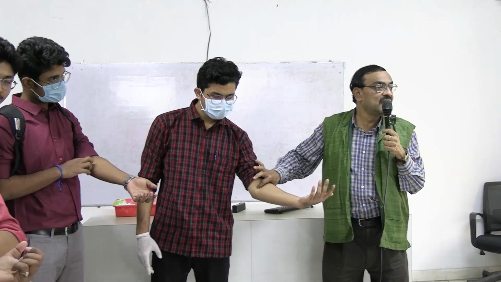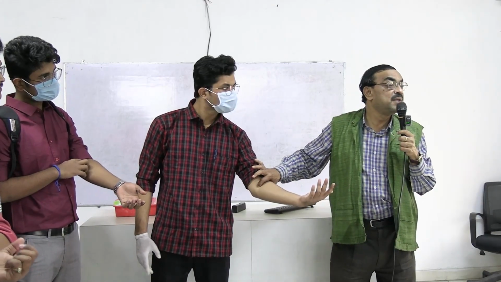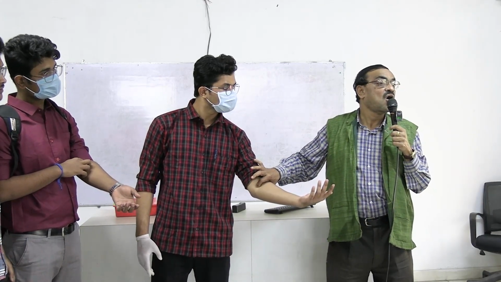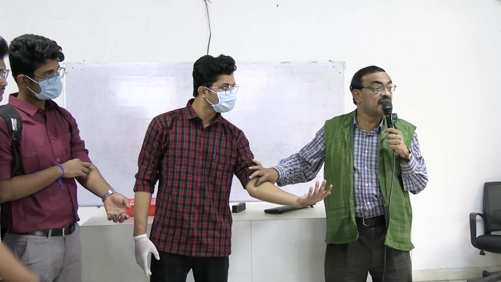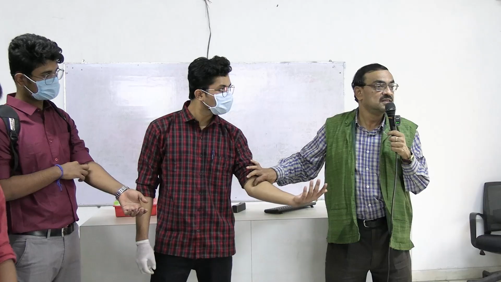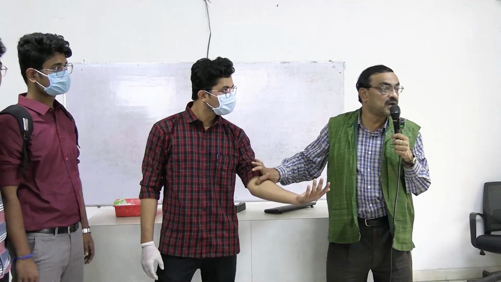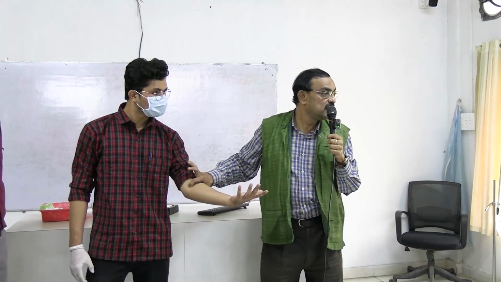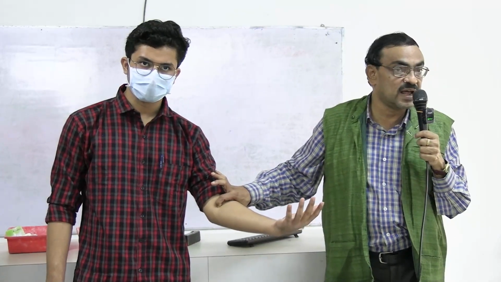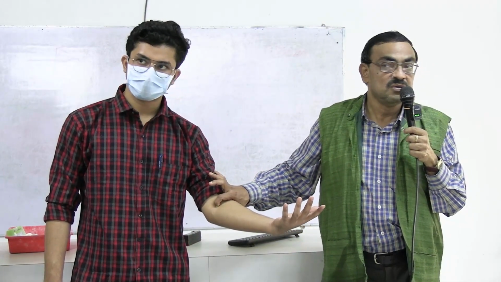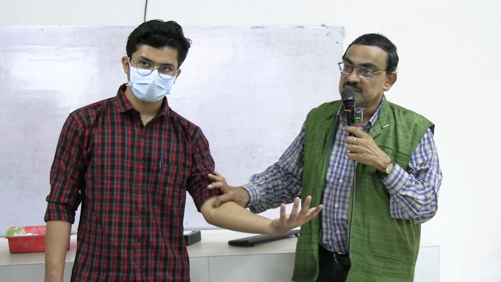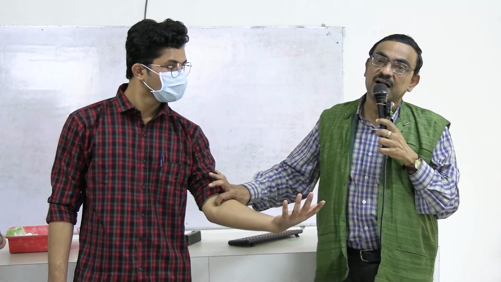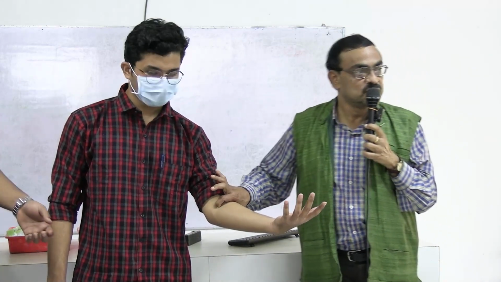Over this artery, we will get the end of the brachial artery or the beginning of the radial or ulnar artery. This is the bifurcation point of the brachial artery into radial and ulnar artery. Okay, so this is the point.